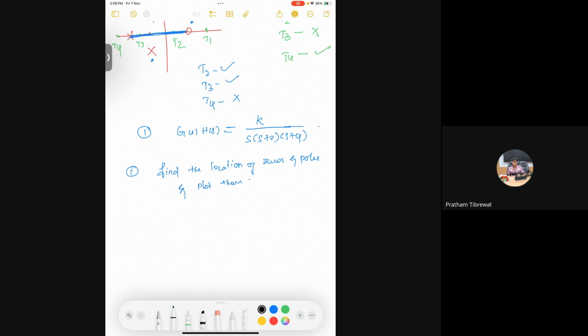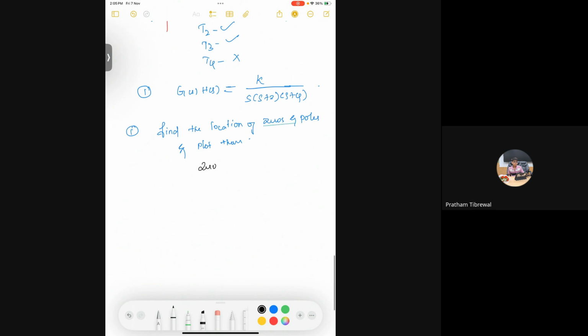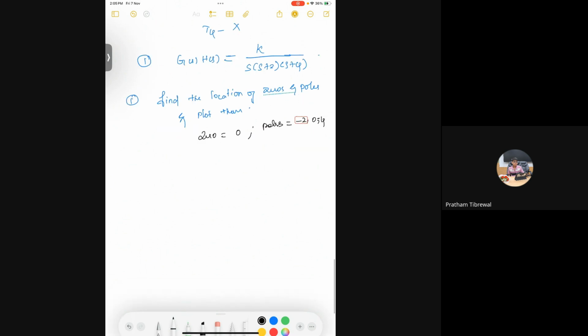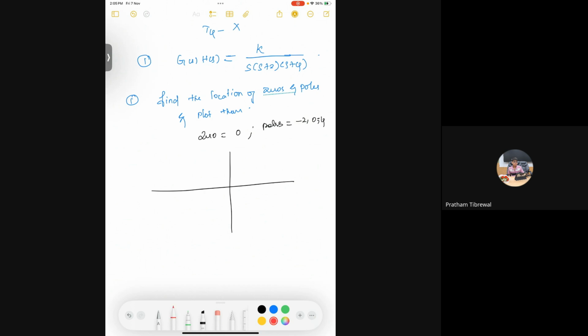Your zero location is no zeros. Poles lie at -2, 0, and -4. So my plot will look like this: -2, 0, -4.